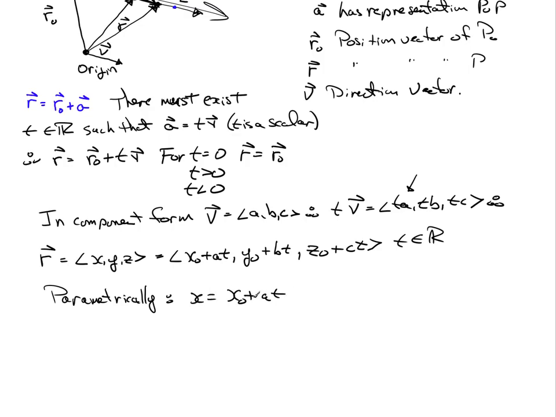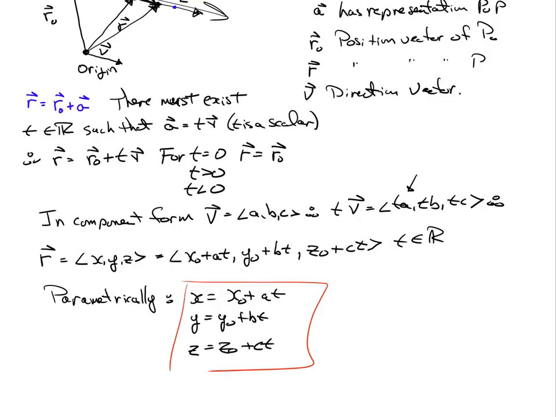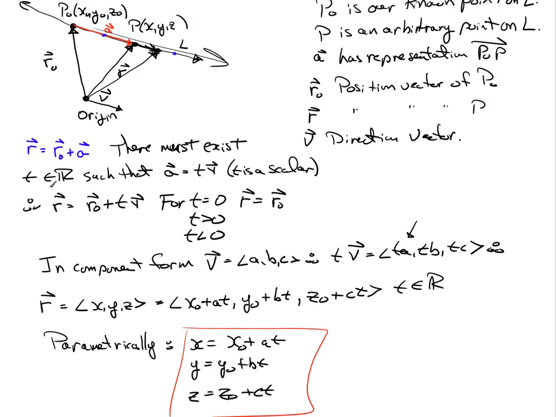Now, what I've just done is this, in parametric form, is the equation of the line L. And in vector form, this is the equation of the line L. So there's a couple of different ways that I can actually represent this line L based on vector equations.